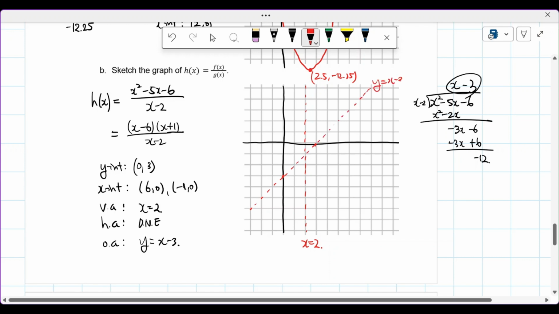Y equals x minus 3, labeled. Y-intercept 0, comma 3, labeled. X-intercepts negative 1, comma 0, and 6, comma 0, labeled. So all the key features are labeled. Now, I think it's quite easy to graph the function like this. And like that. All right, let's move on.